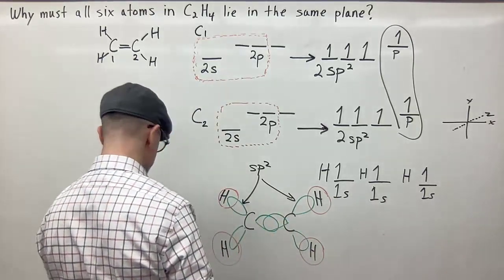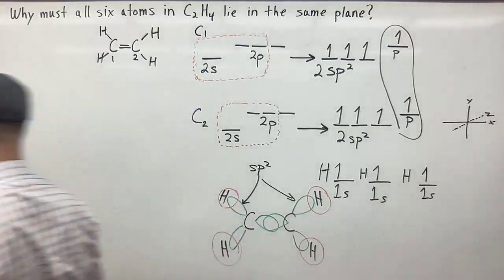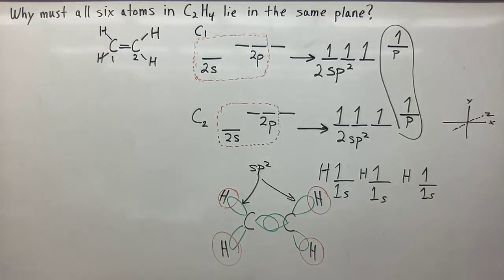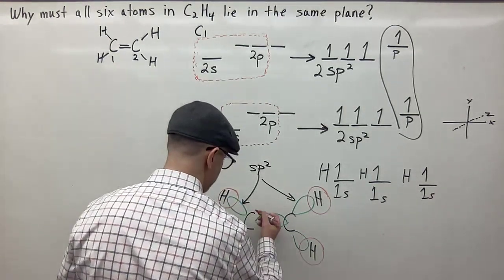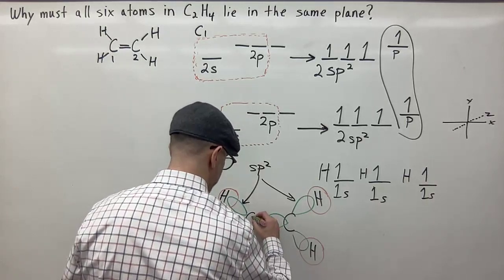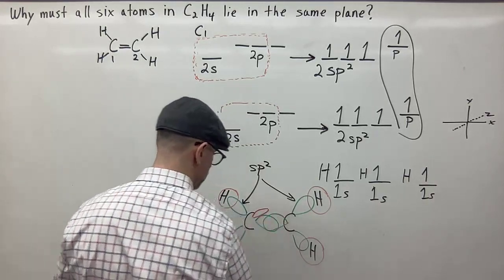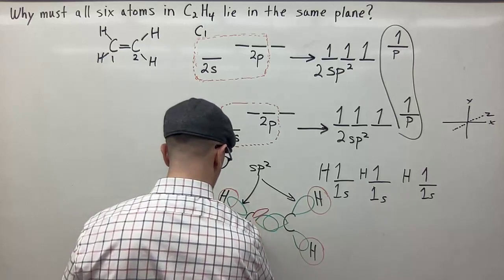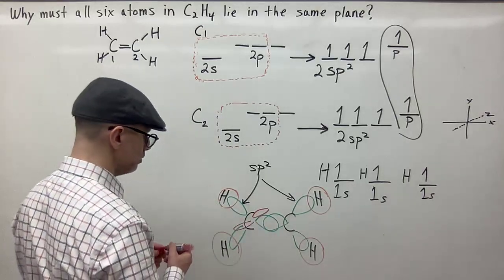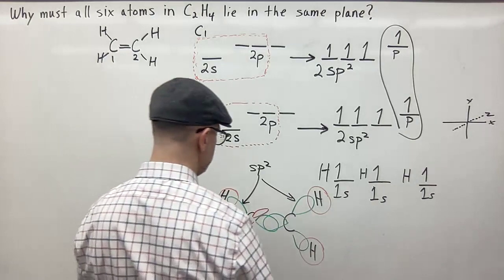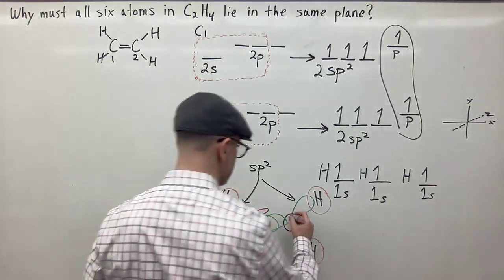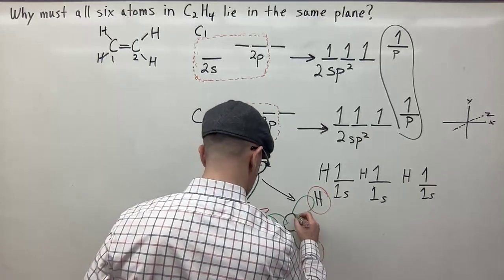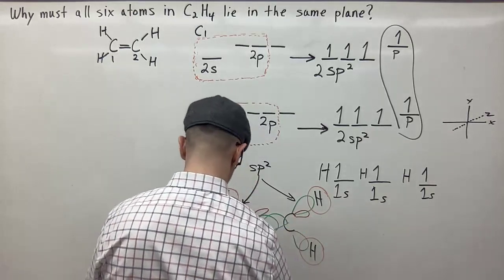So if I can use a different color, maybe I'll use red. Maybe red will be clear. So then if I have the p orbital, it's going to go into the board and out of the board, like so. Don't fault me for my drawing. And if this one goes, oops, that's really ugly.